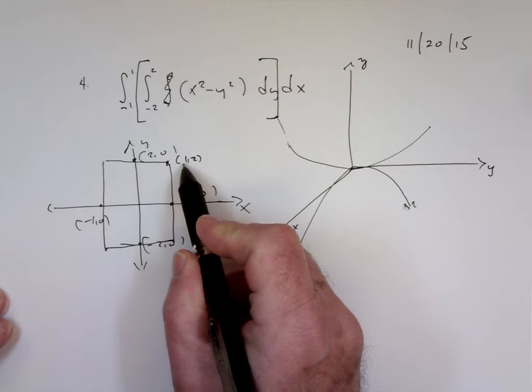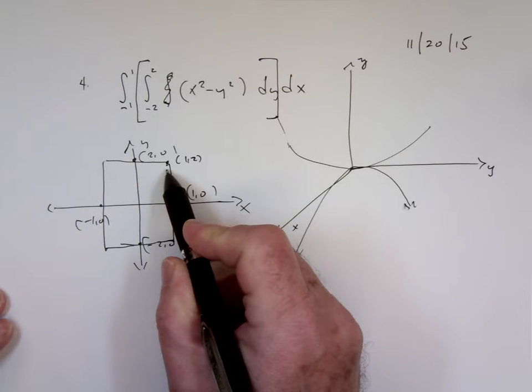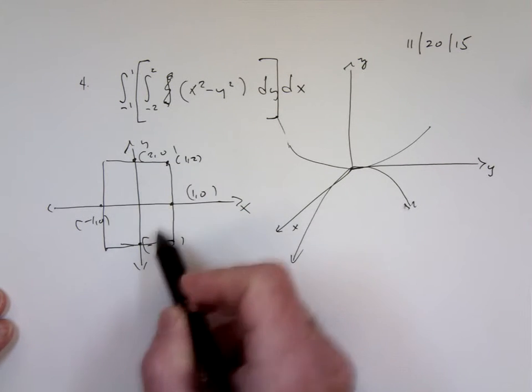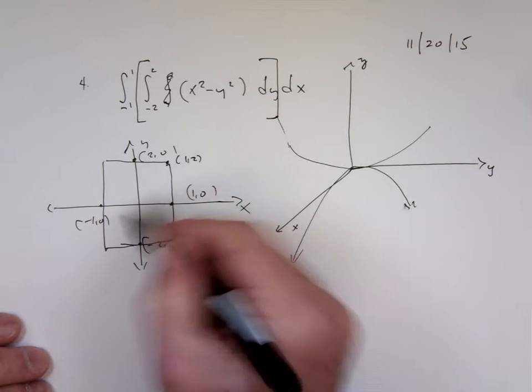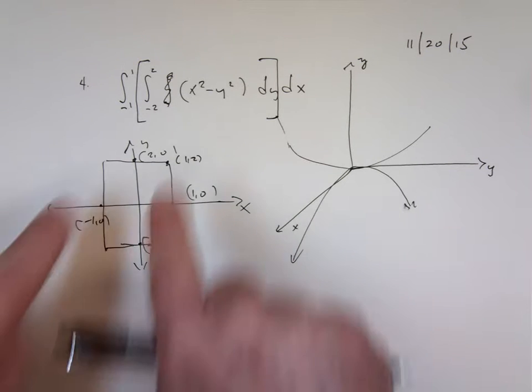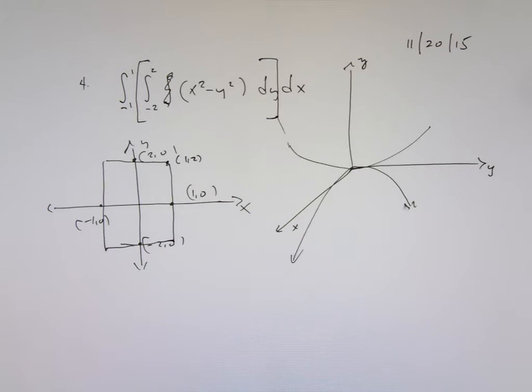It would be 1 squared minus 2 squared. That would be a negative density at that point, negative 3. Every point would have a different density depending on its x and y coordinates. And if you wanted to find the mass of that rectangular lamina, this double integral would give you that mass of that lamina having that density function over that rectangular region.